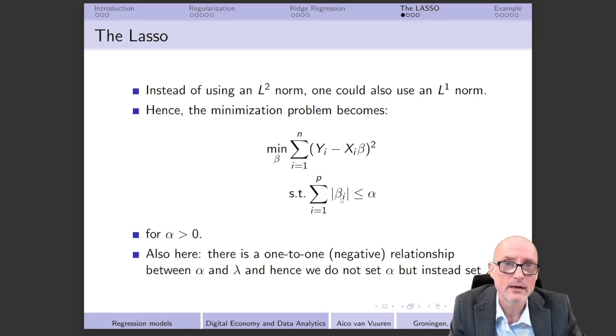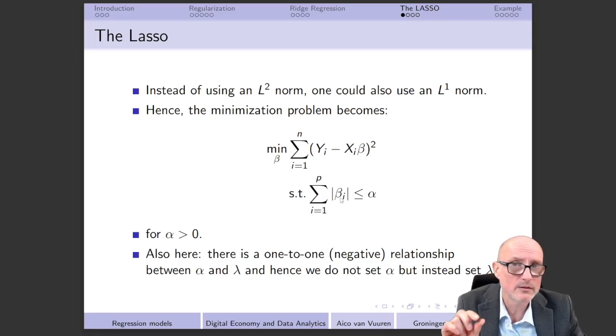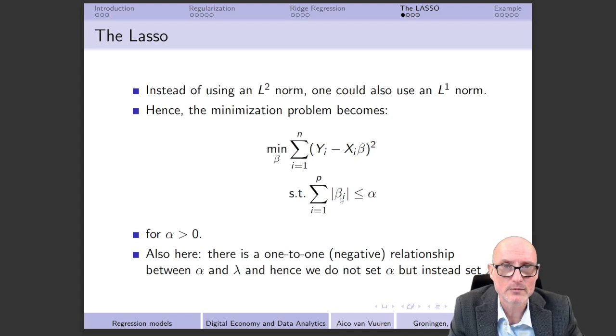For regressors or features that have relatively little predictive power, even in a ridge regression the betas will be different from 0. They will be small, but they will be different from 0.